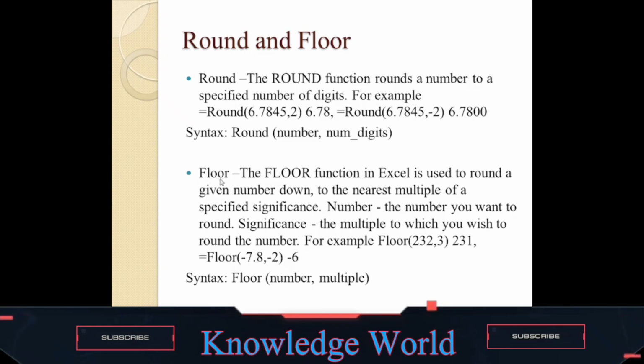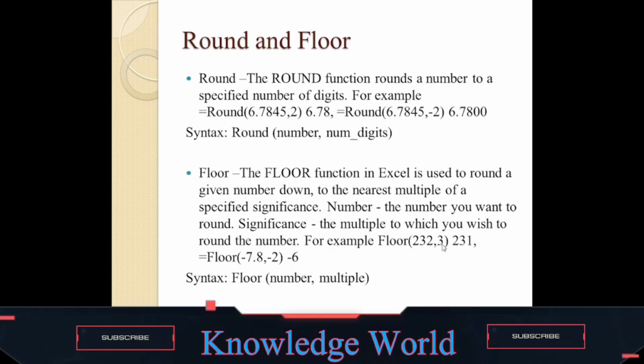Second is the FLOOR function. The FLOOR function in Excel is used to round a specific number down to the nearest multiple of a specified significance. The number is what you want to round, and significance is the multiple to which you wish to round the number. For example, FLOOR 232 with the multiple of 3.